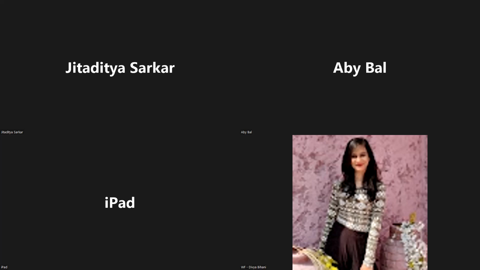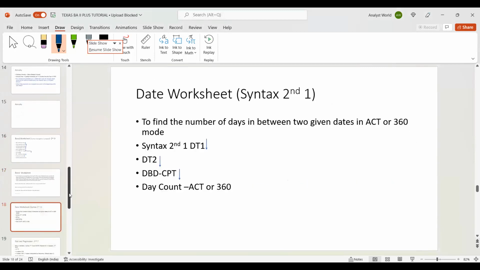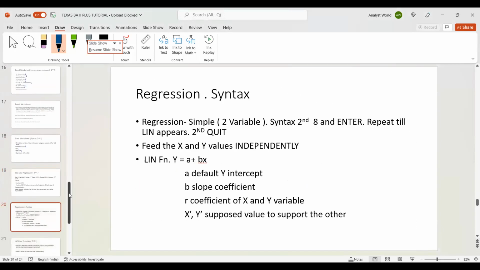So this was our bond worksheet. This was our stat worksheet. Can you see my screen? Yes, sir.